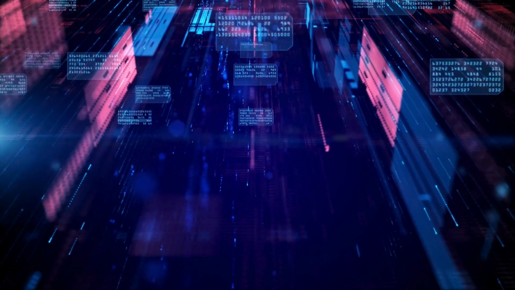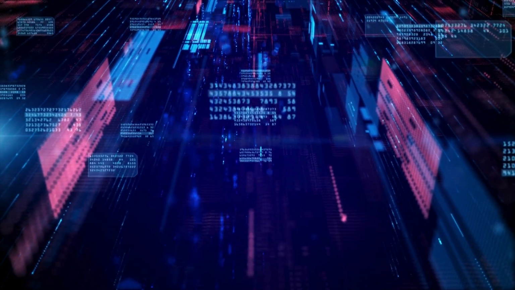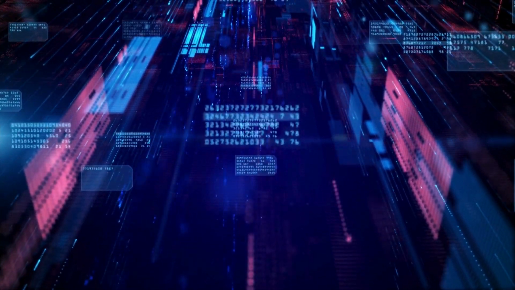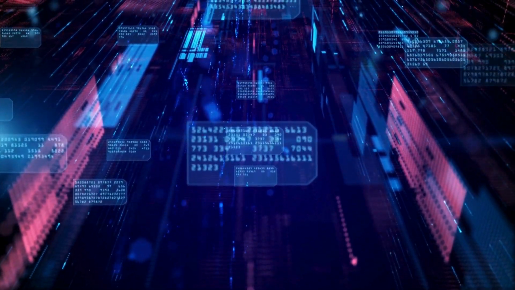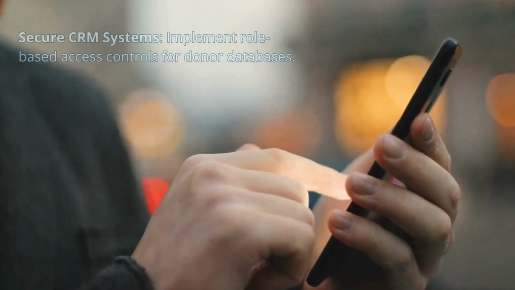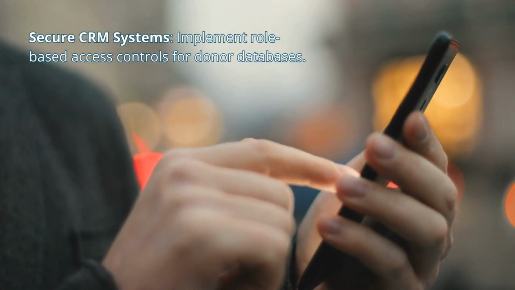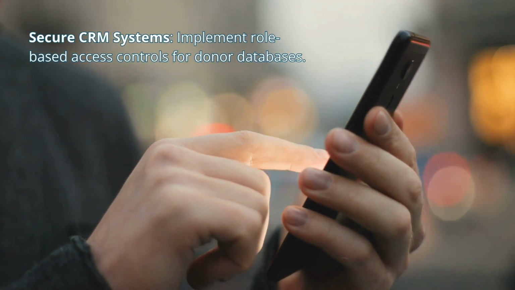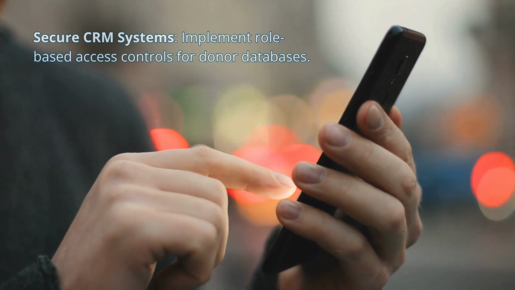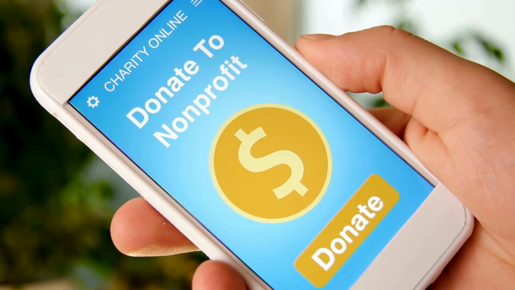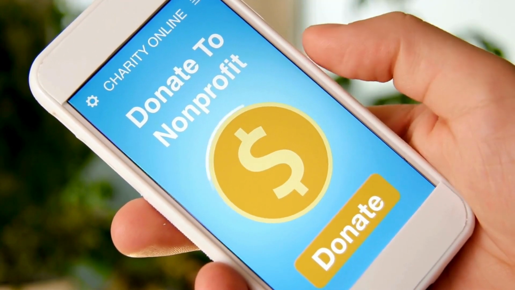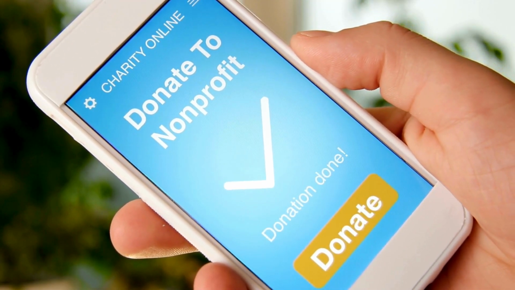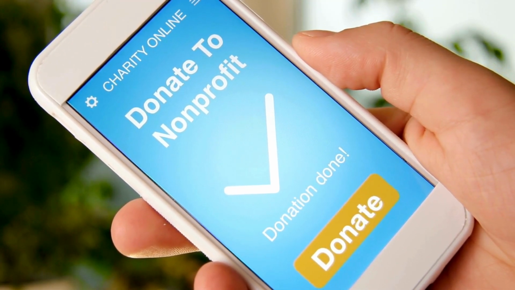So how do we integrate security with donor management? Your donor management system contains some of your most sensitive data. So to enhance protection, secure your CRM systems, implement access controls for these databases. For payment processing, you should use PCI compliant payment processors for all donations.